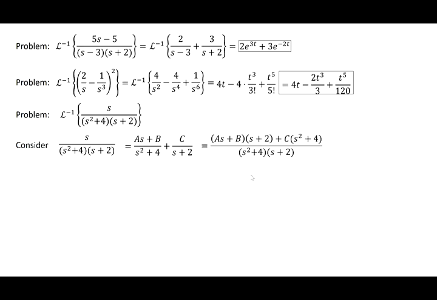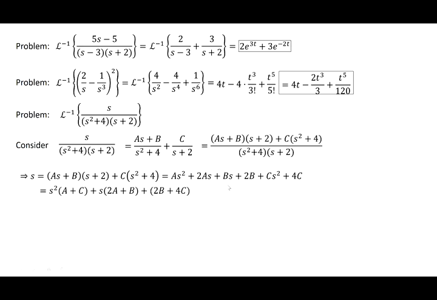So I added the two fractions and the denominators are the same, and so we say the tops must be the same, and s is equal to this blah blah blah, and I gather all the like terms and make the same argument. For this to be an identity, the like coefficients must be the same.